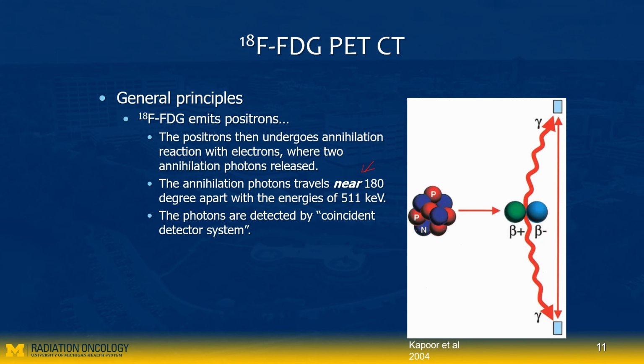The energy of each photon is 511 keV, because that is the mass energy of the electron, right? Those two photons traveling in opposite directions will be detected using this unique mechanism of a coincident detector system.